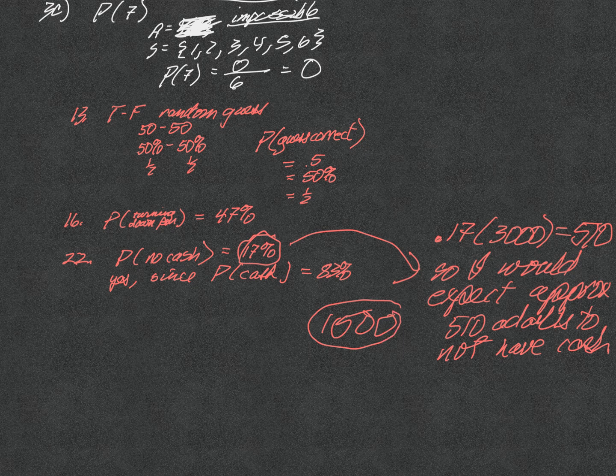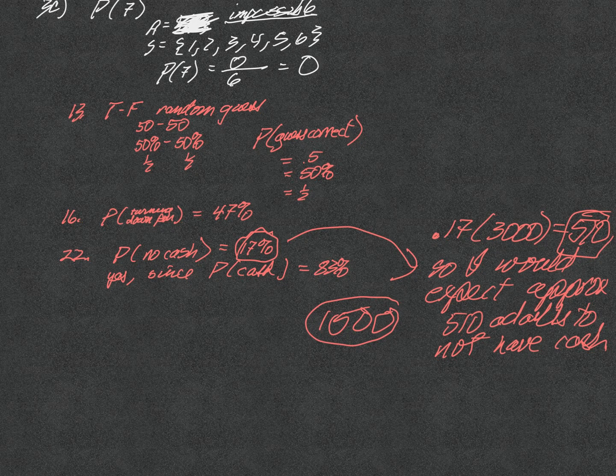This would be significantly different than that, right? 3 times larger a percentage. So it may have some statistical significance, and I might want to reject my assumption that 17% don't carry cash, that maybe the percent is much larger. And so that's kind of how the rare event rule works. If this is sort of the accepted norm, and then you take a sample of 3,000, but you get 3 times what you would expect, then that's a different issue. Okay? Let's look at some more.